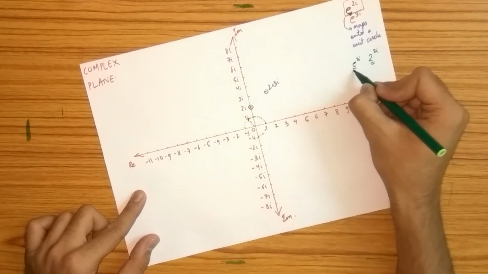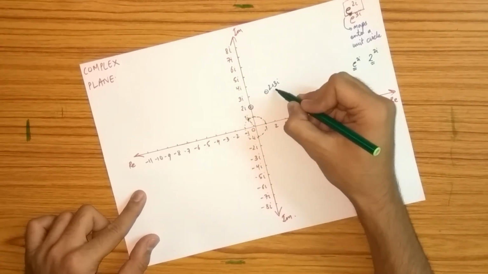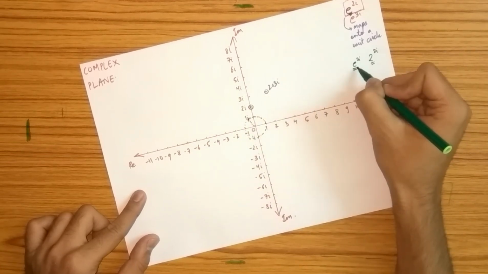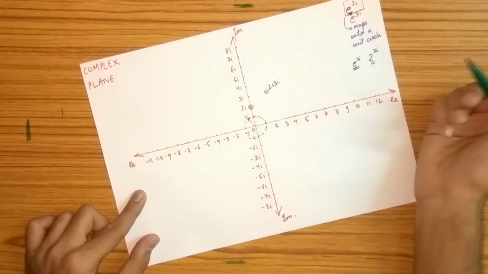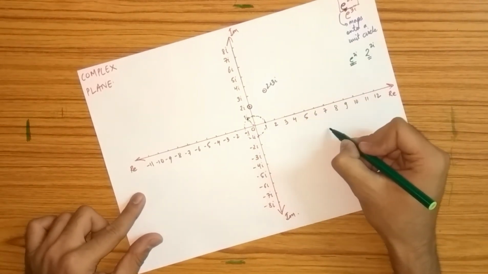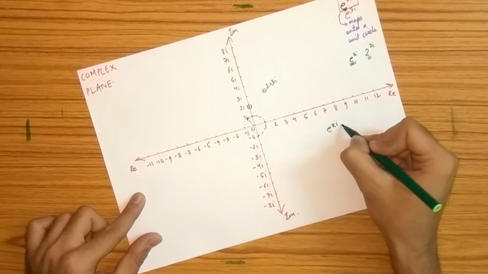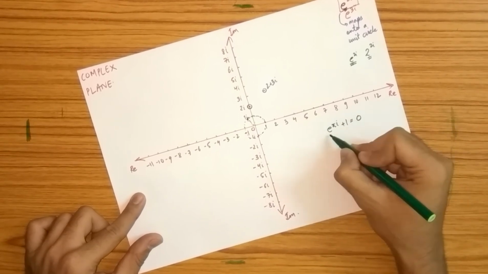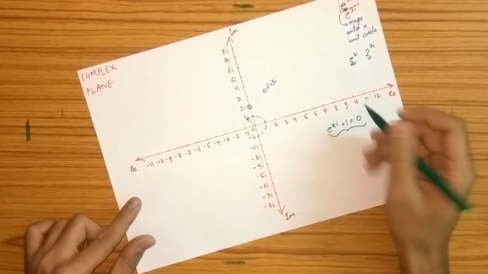It's only for e that this special property of direct rotation holds, and that's why e is considered special. And actually that's why one of the most beautiful equations in mathematics, e to the pi i plus 1 equals 0, works.